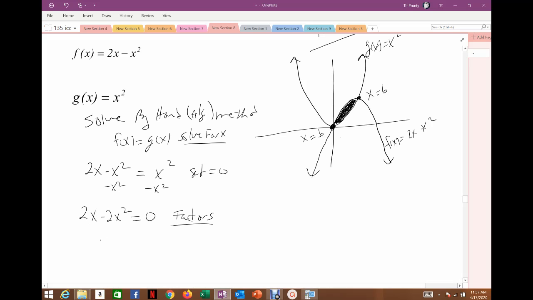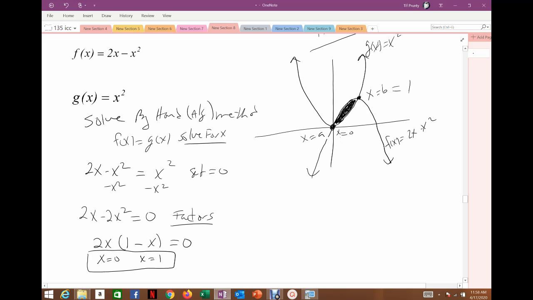All right, this one I can factor out a 2 and an x. When I factor out a 2 and x in the first term, I'm left with 1. In the second term, I'm left with a negative x, set equal to 0, and that means I've got a factor at 0 and a factor at 1. And so there are my a and b values. So I know this value is at 0, so that's my a value.